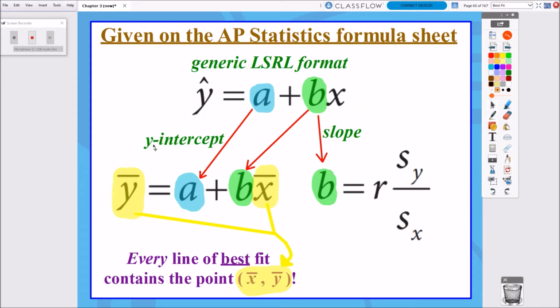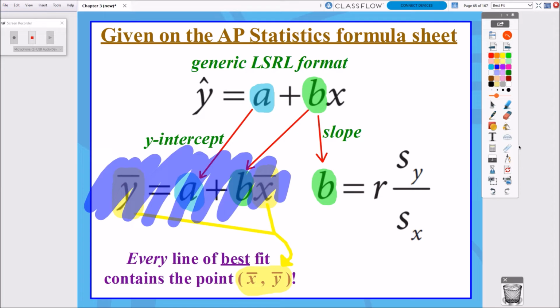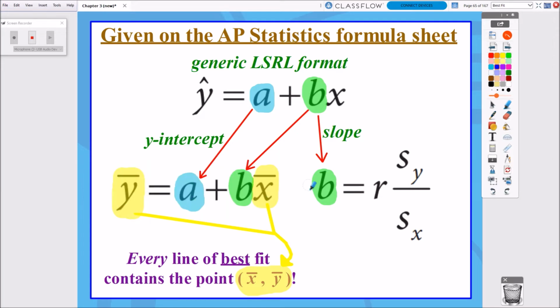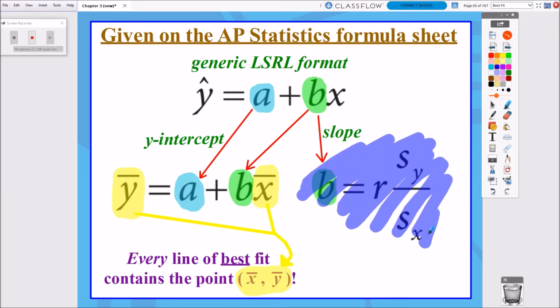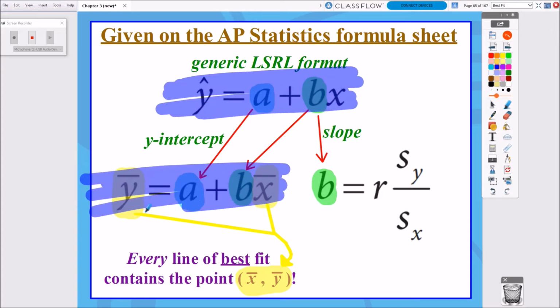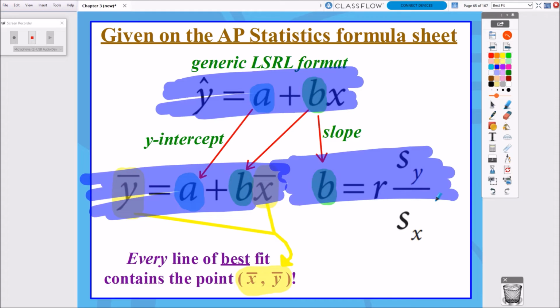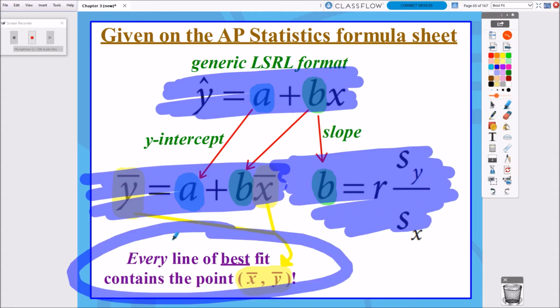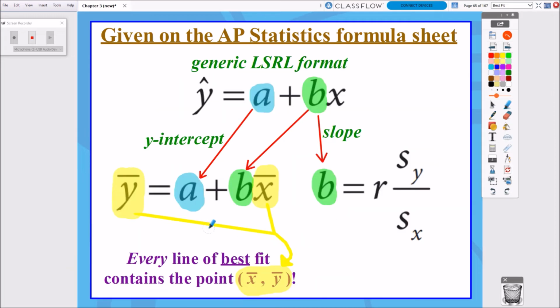So it's not going to say, hey, this is the formula to find the y-intercept. It's not going to say that. This isn't going to scream at you, hey, this finds the slope of the regression line. You are going to have to remember those particular pieces. So again, you're only going to see this and this and this, which means this little nugget of information down here is something you are going to be in charge of.